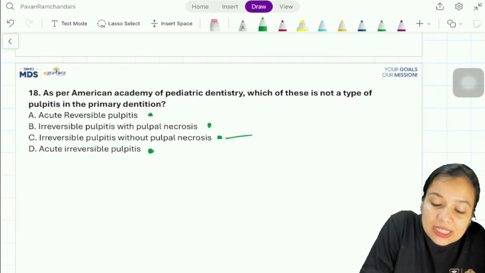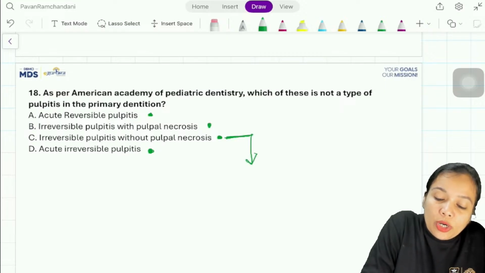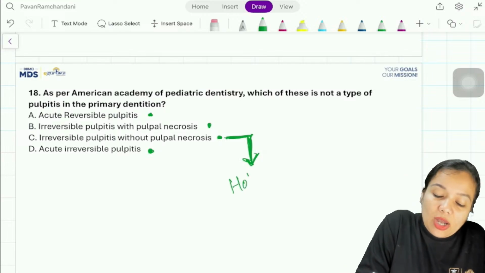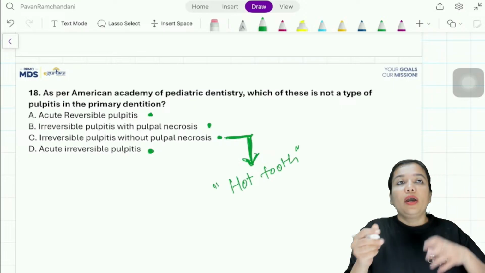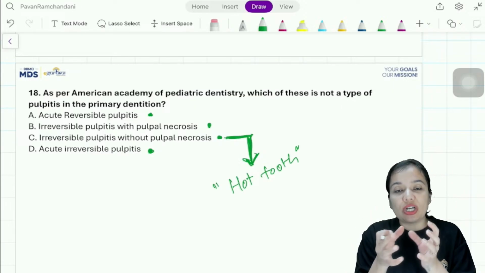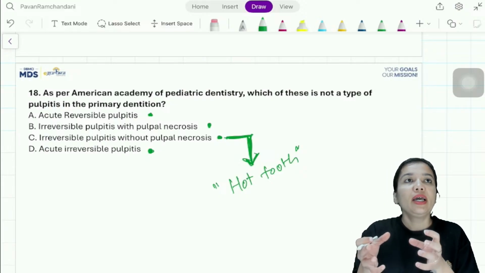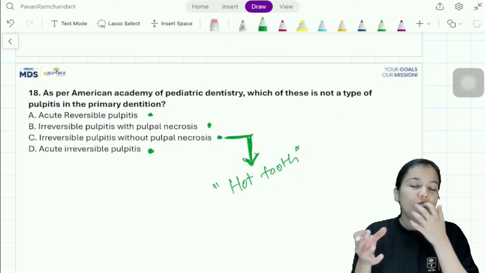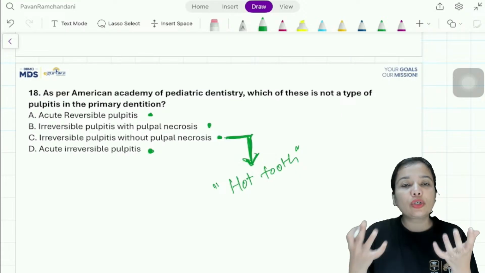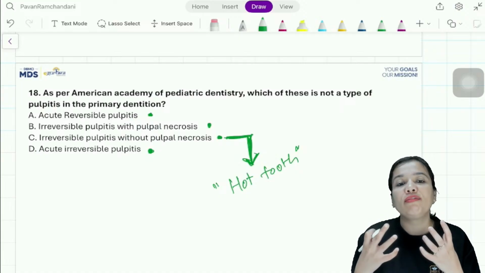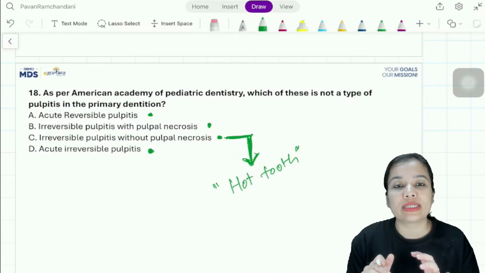So basically this particular option is what, when this particular thing happens in permanent teeth, what we call it as hot tooth condition, where the caries has just touched the pulp, and the tooth has a severe toothache, though the entire pulp is not inflamed. There is no pulpal necrosis that has occurred.